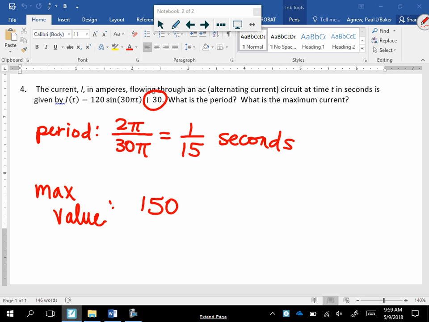And population, particularly animals, follows cycles, and sine and cosine are really good models for that because oftentimes the population of those animals is dependent upon other factors like the temperature, climate conditions, availability of food. So take bears for an example. If there's not a lot of food available to them, then a lot of them will die off.